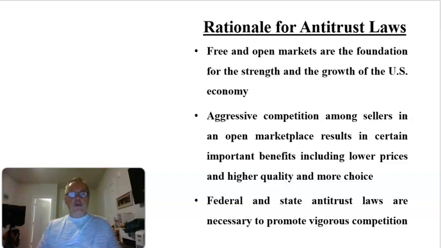Another foundational idea is that aggressive competition among sellers in an open marketplace results in important benefits to consumers, including lower prices, higher quality, and more choice. For those two reasons, among others, federal and state antitrust laws are necessary to promote the vigorous competition that is the goal or the desired result of antitrust laws.